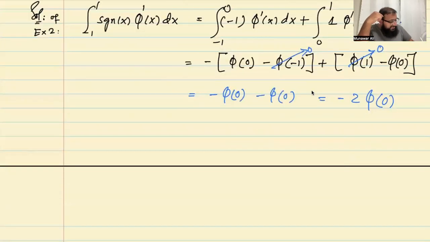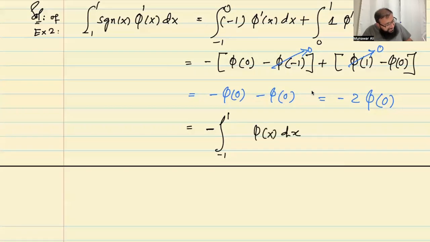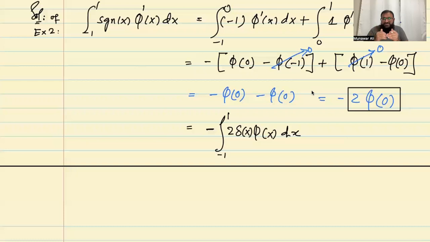I can write it as a negative, because in the weak derivative I want a negative, integral from -1 to 1 of phi of x dx, but what should I multiply here to get this? 2 times phi of 0. So the simple answer is 2 times delta of x, because when I operate delta of x on phi of x, it is simply phi evaluated at 0.